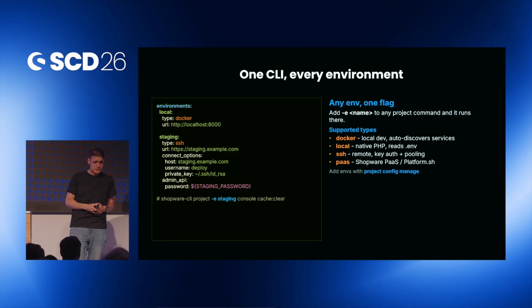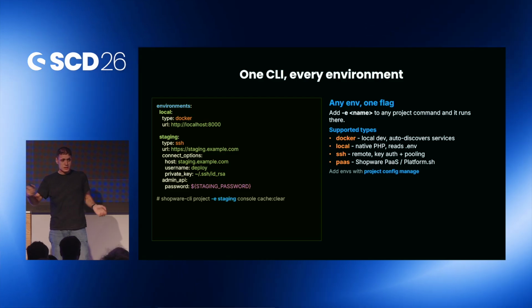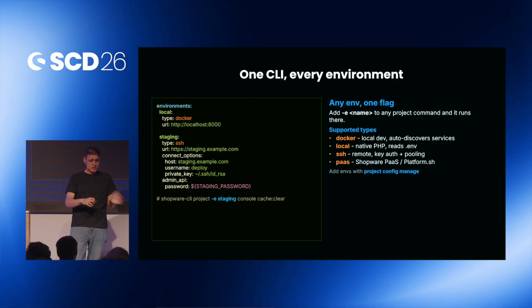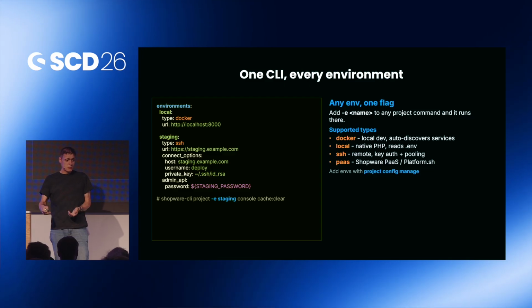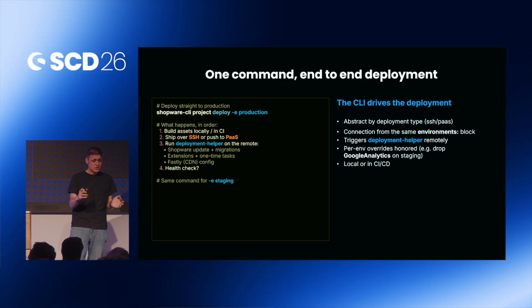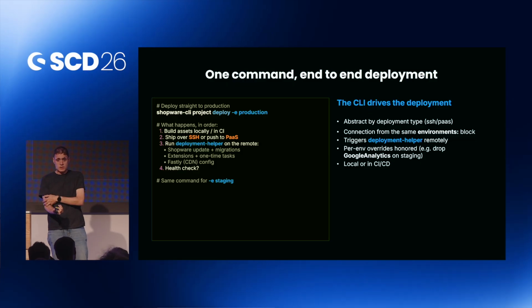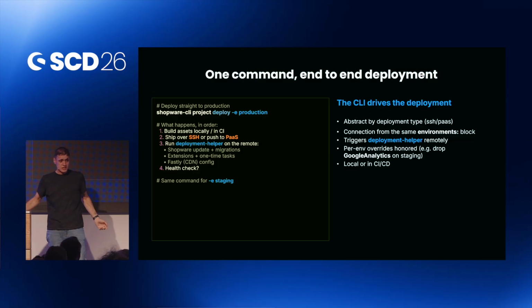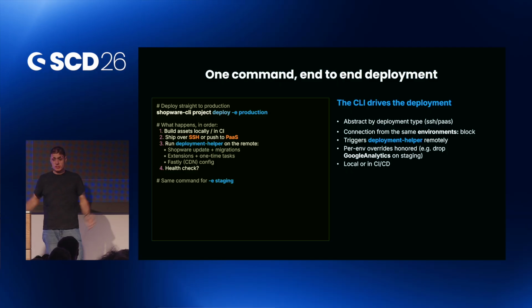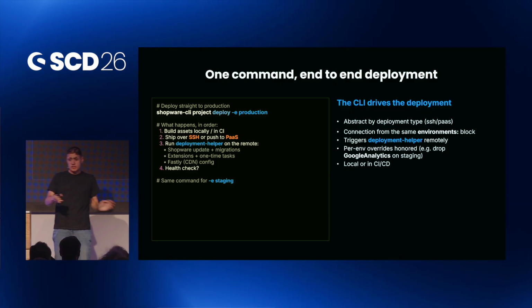So basically you can say shopware-cli project console -e staging cache:clear, and it runs cache clear on the staging. Where that will become more handy is also things like deployment, because when we have such a system, we can directly integrate deployments itself. So you can say shopware-cli project deploy -e staging, because we know the staging is available there with SSH.